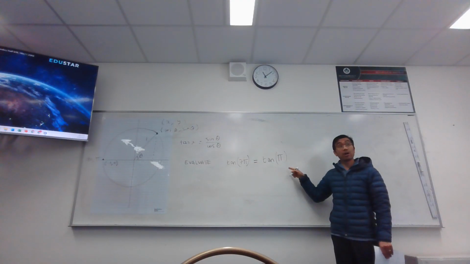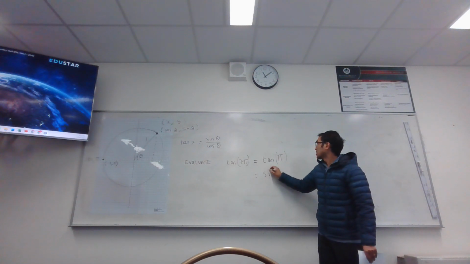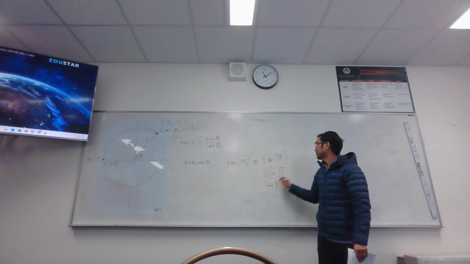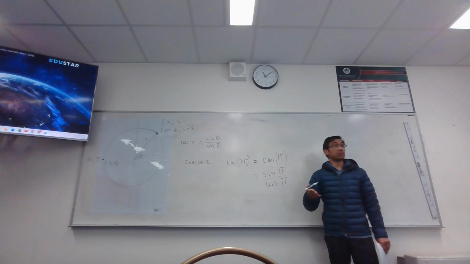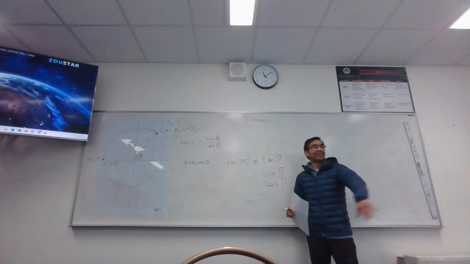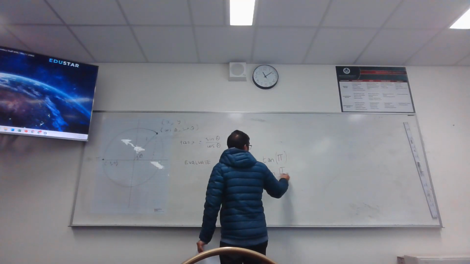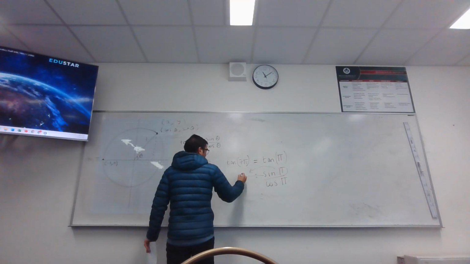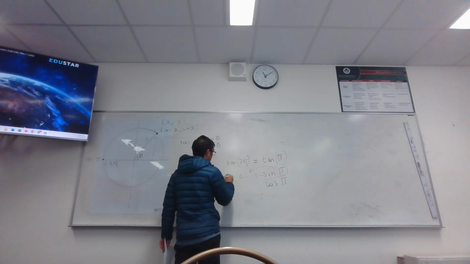But tan pi, we know that's the same as sine pi over cosine pi. So the question is now, Nathan, do you know what sine pi is equal to? Oh, you weren't here. Okay, Maya, sine pi. Remember, we're looking at pi, but is sine the x or y coordinate? It's the y coordinate.